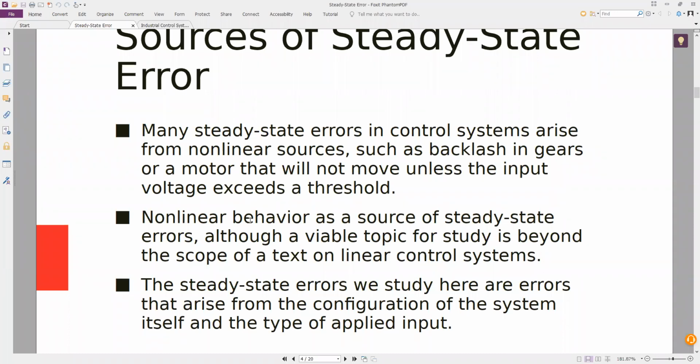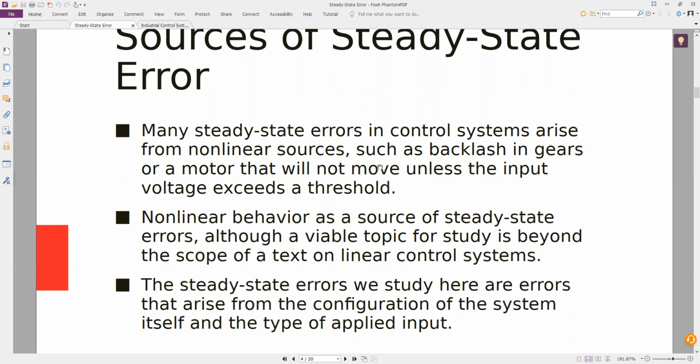Nonlinear behavior as a source of steady state errors, although a viable topic for study, is beyond the scope of a text on linear control systems. The steady state errors to study here are errors that arise from the configuration of the system itself and the type of applied input.